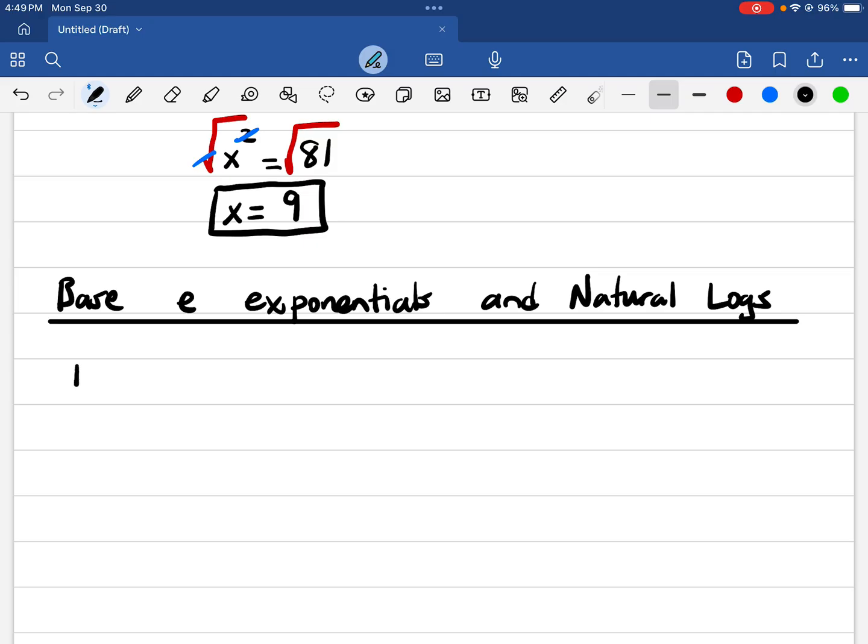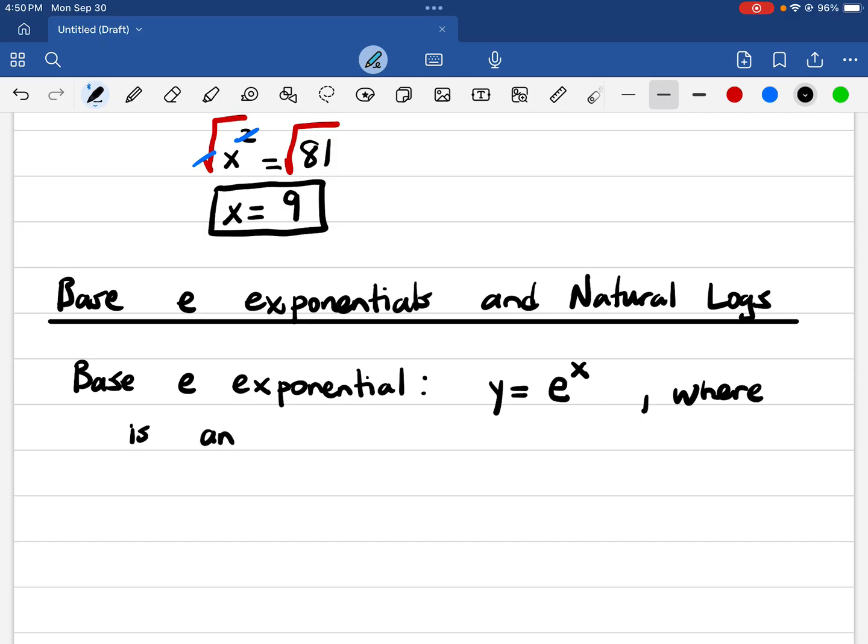So base E, when we talk about base E exponential, we are talking about an exponential function that instead of having a base B, its base is actually going to be E. All right, and where E is an irrational number. All right, so E is not a variable here. E is the irrational number E, right?